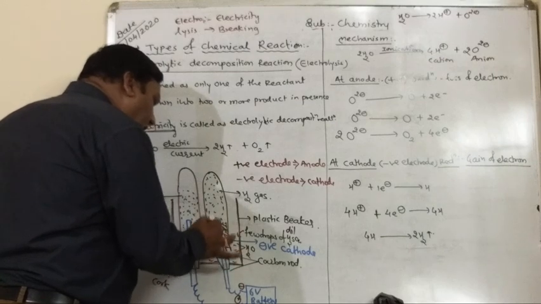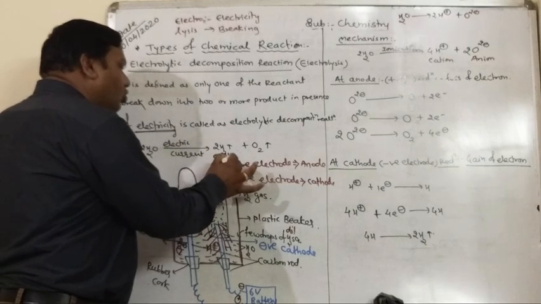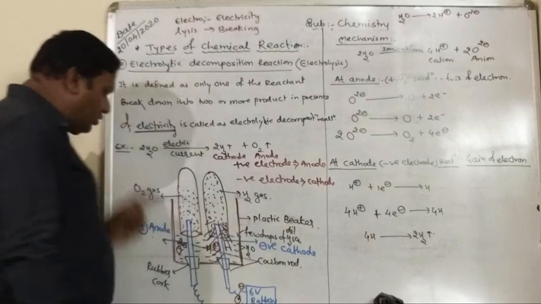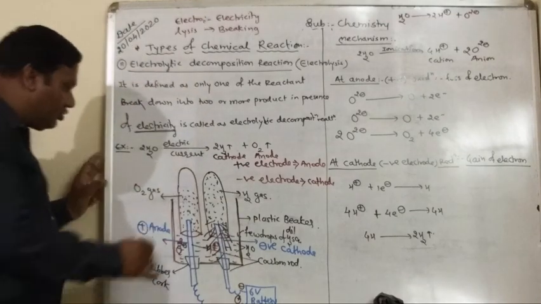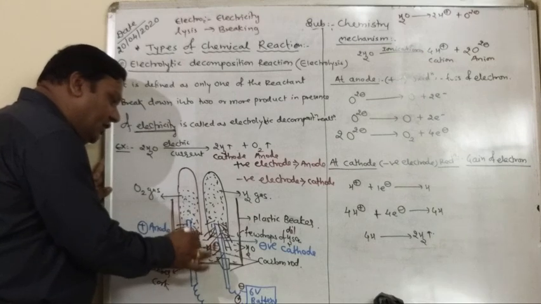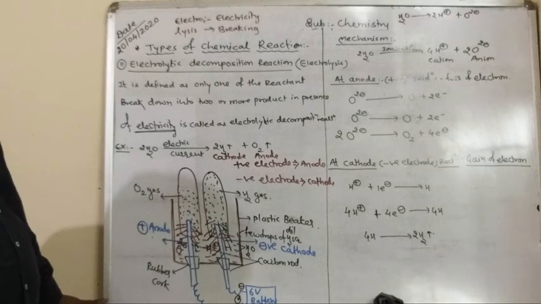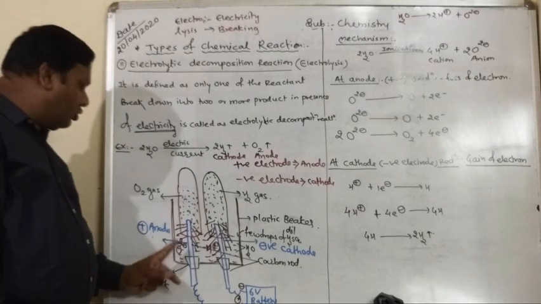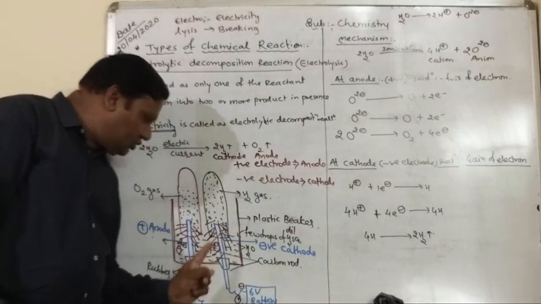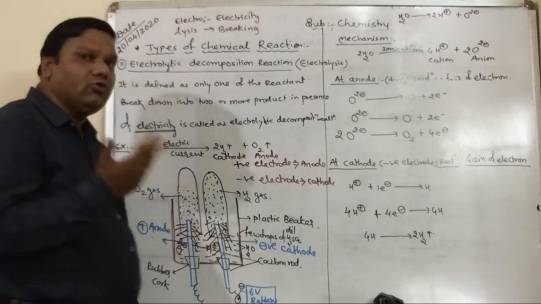Any difficulty? So oxygen 2 minus is attracted towards the anode, and hydrogen is attracted towards the cathode.